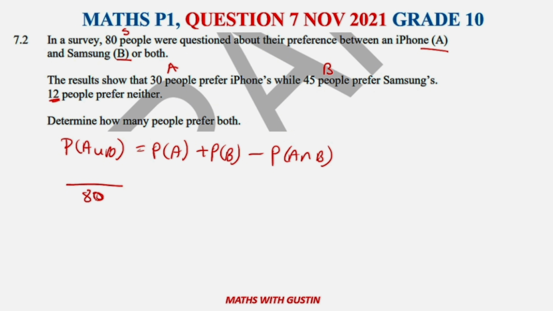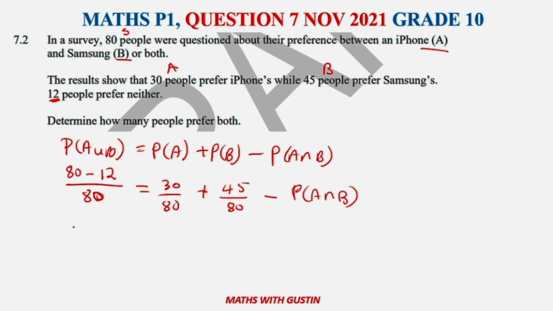The number of people that use A or B is just going to be the total number of people, which is 80, minus the ones that are using neither. So the probability of A is going to be 30 divided by 80, plus the probability of B is going to be 45 divided by 80, minus the probability of these ones here, the intersection, which is what we're looking for.